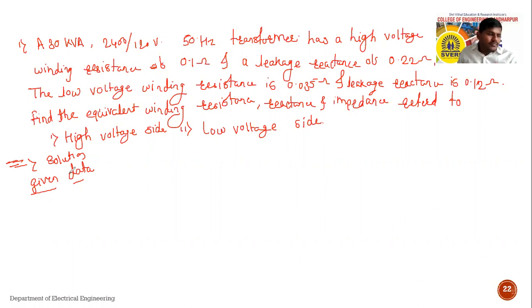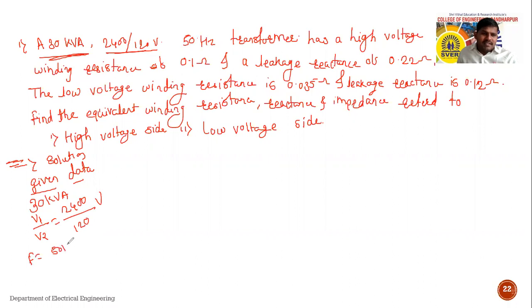The rating of the transformer is given, that is 30 kVA. The voltage ratio V1 divided by V2 is given as 2400 divided by 120 volt. Again, the supply frequency is given as 50 hertz.